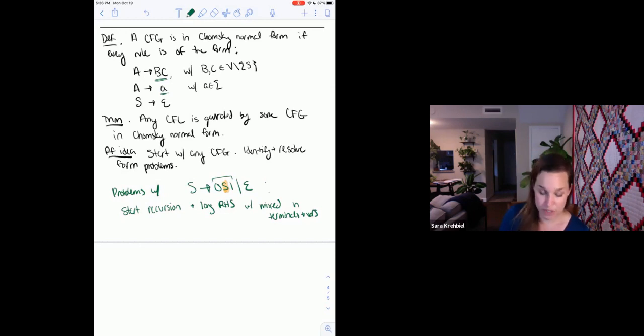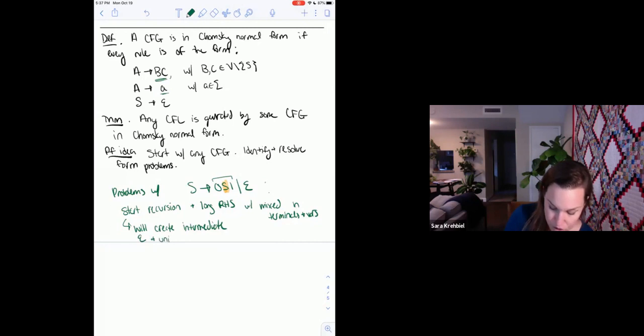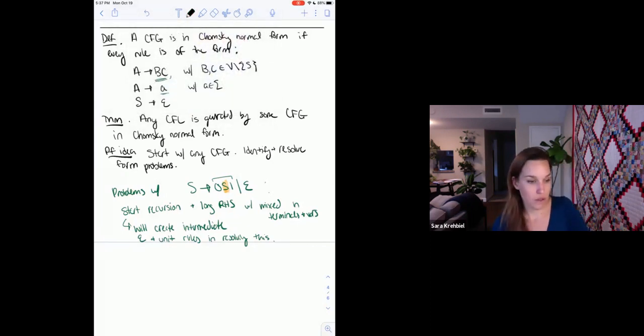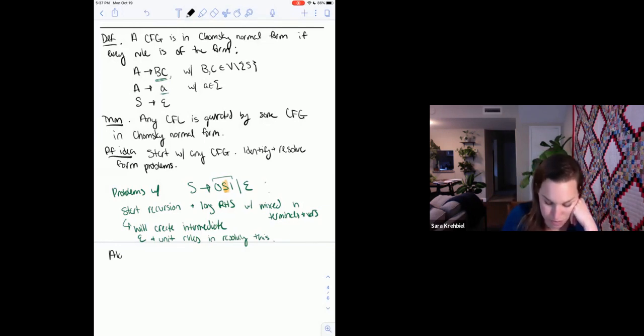We're going to start by resolving the start recursion, but we'll see that the way we resolve it will create intermediate broken rules that we'll call epsilon rules and unit rules. That's going to happen when we resolve the start recursion. Okay, so the proof is an algorithm.